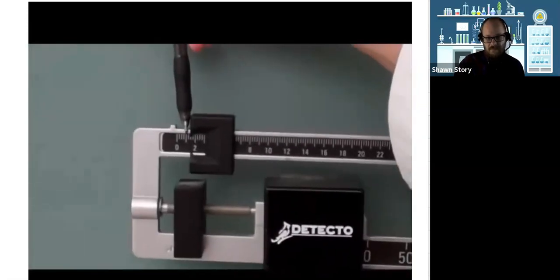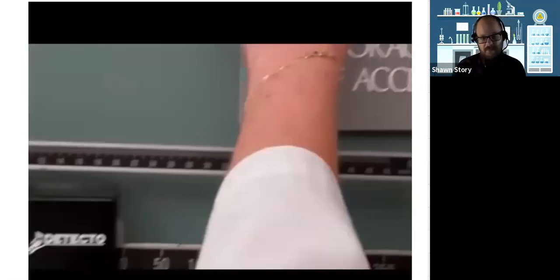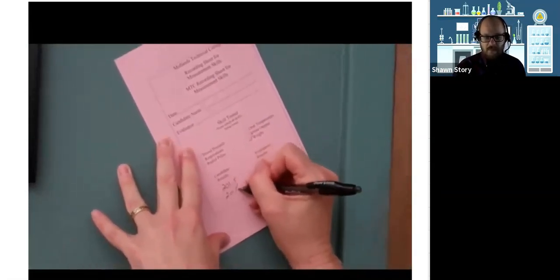So here we have 200. Then we would add 1.5 pounds. I would record it under candidates, 01, and that could be 0.5 or 201 and a half. And that concludes the weight of the ambulatory client.